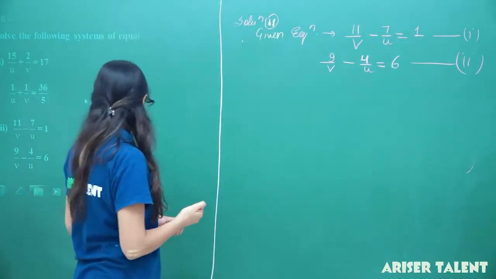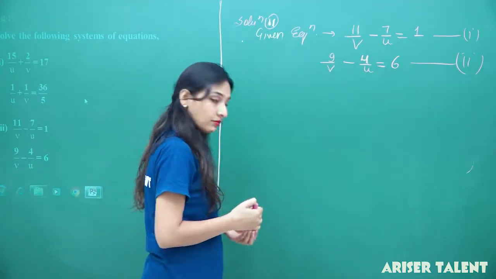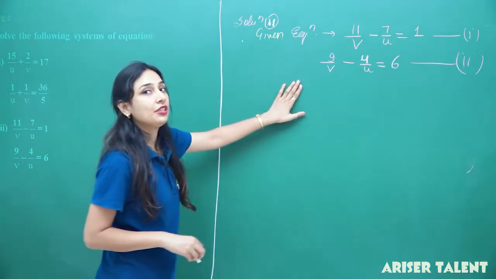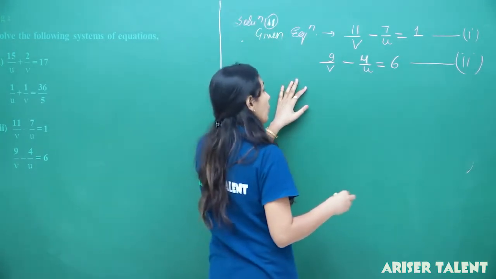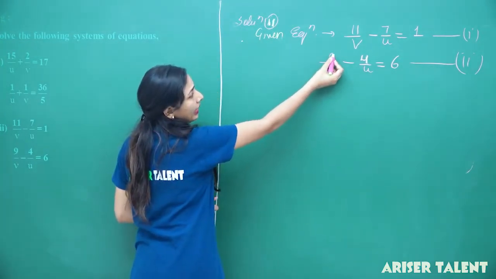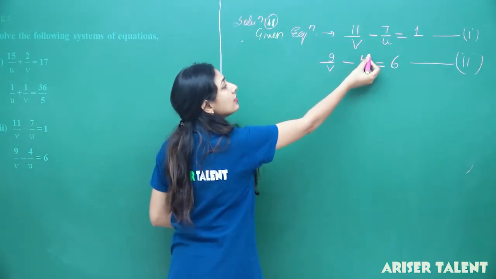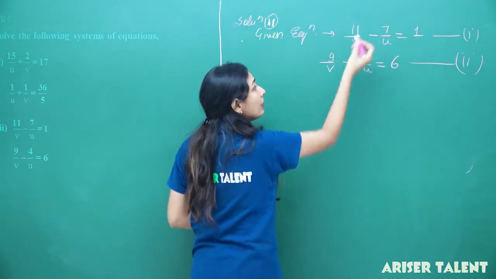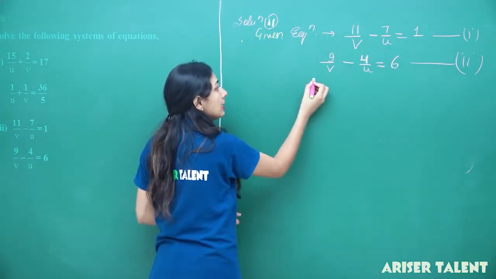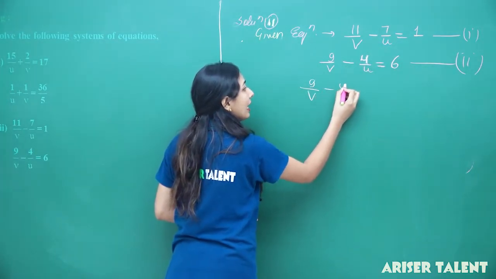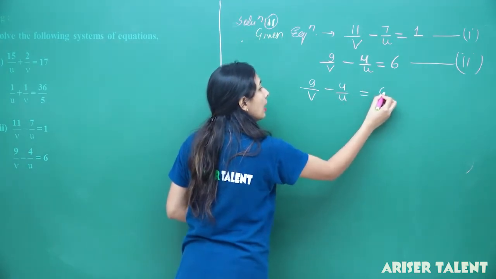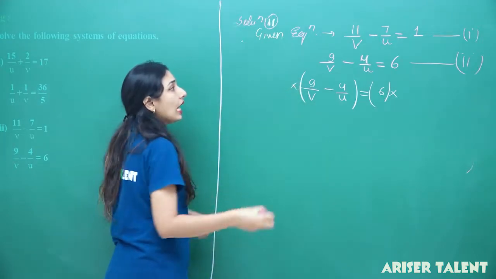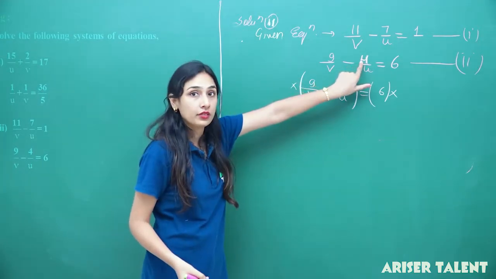Now, if I have to make it like this, okay, so with this equation number second, I'll do this 9 by V minus 4 by U. Now I have to convert this 4 by U in 7 by U. What can I do? Just I'll write this equation and I have to multiply it by, I have to eliminate this 4 first.